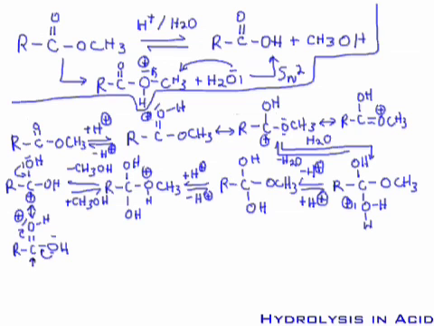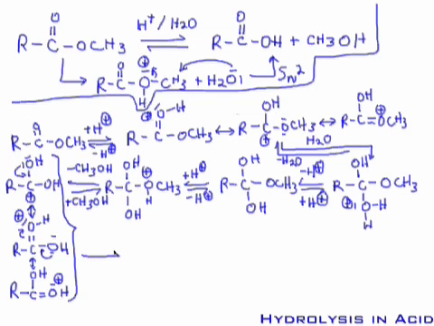If we do that, we get oxygen double bond C, R, and, sorry, this one becomes a single bond OH, one lone pair, and a positive on this oxygen. So these three resonance contributors are just a protonated carboxylic acid.